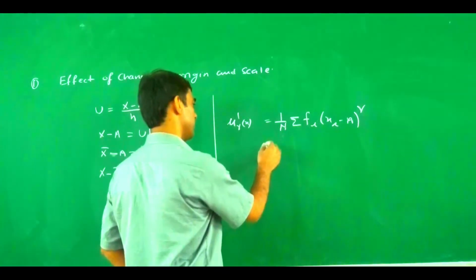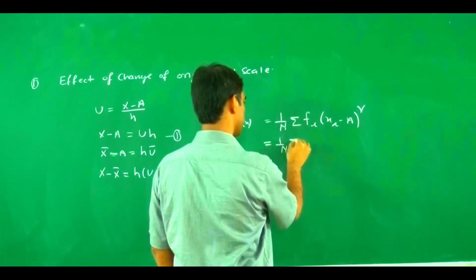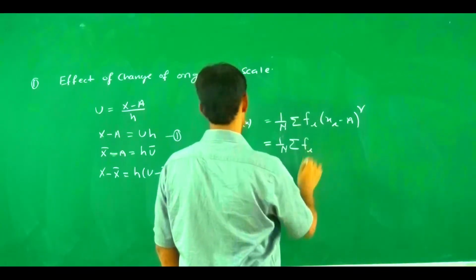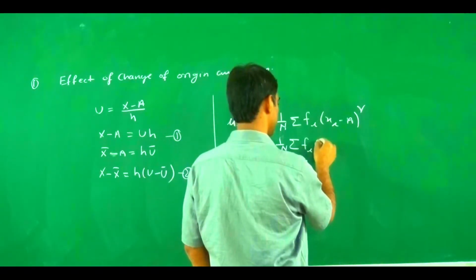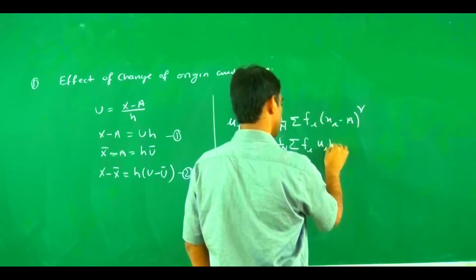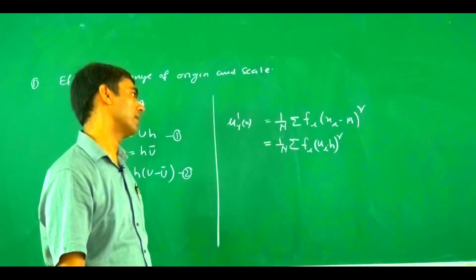So this becomes 1 upon n summation of fi times h ui to the power r.